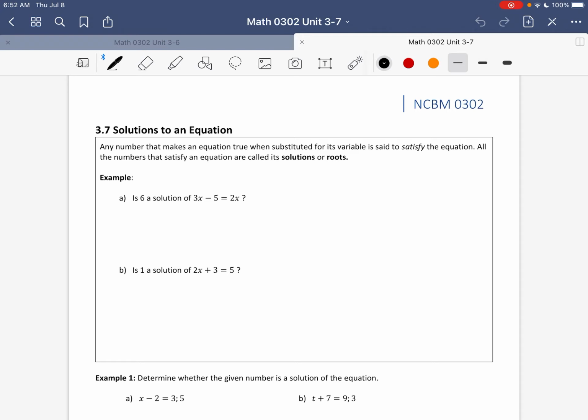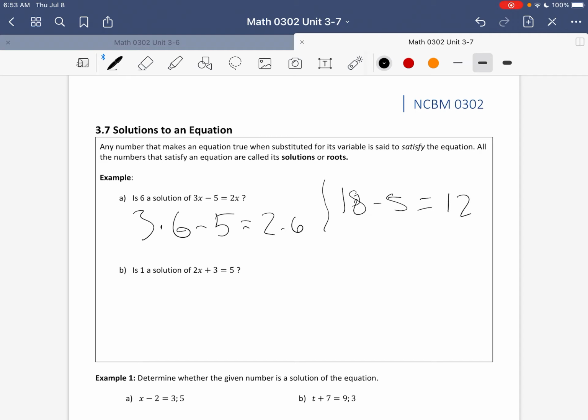So on the left-hand side, that's going to be 3 times 6 minus 5, equal to 2 times 6. The 3 times the 6 is the same thing as the 18 minus 5, equal to the 2 times 6, which is the same thing as a 12.